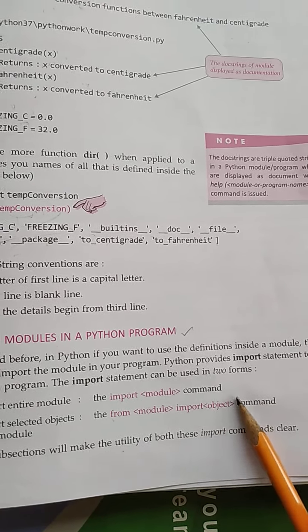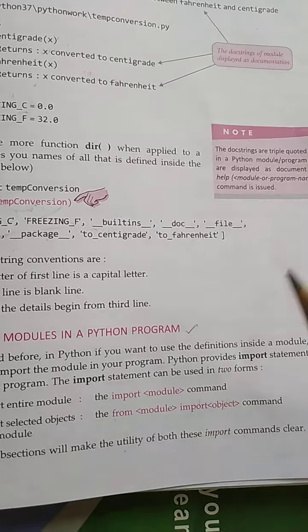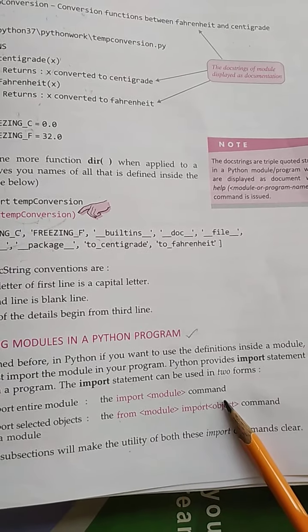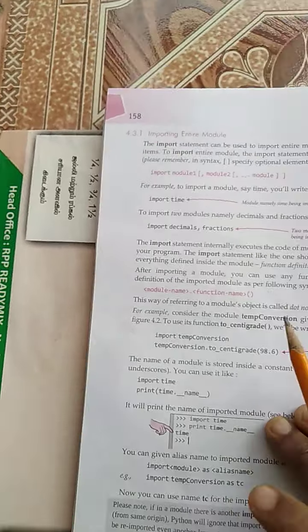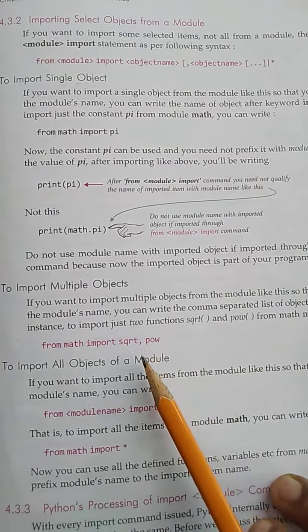So we can import just the separate function we need, instead of importing all the data. When we import like this, it takes only that value into our program. So you must know the difference between importing a single object and importing multiple objects.